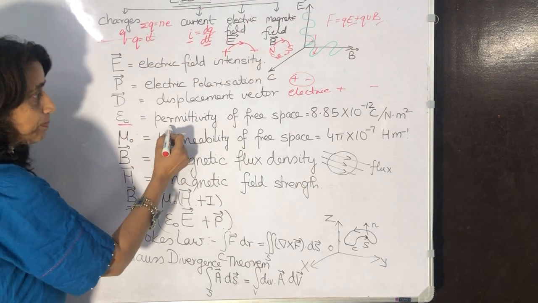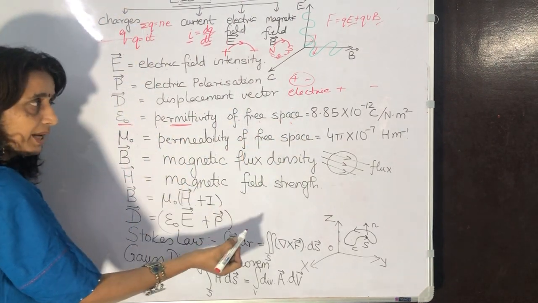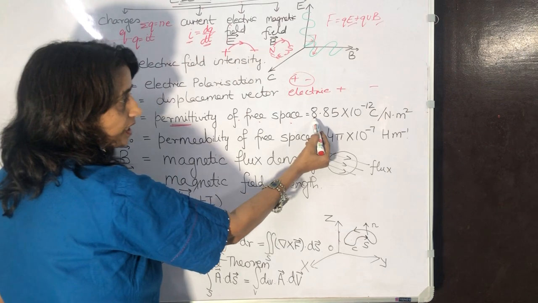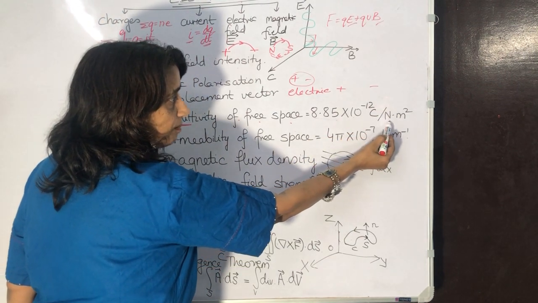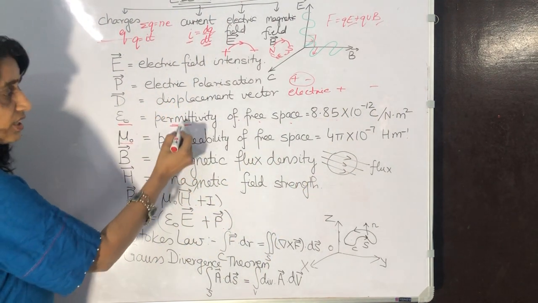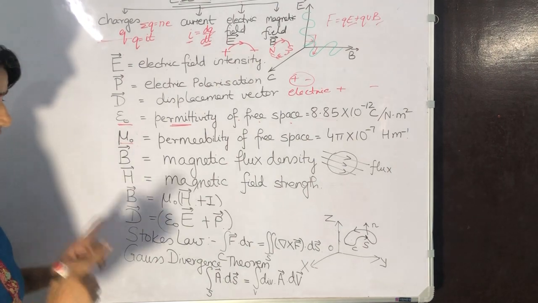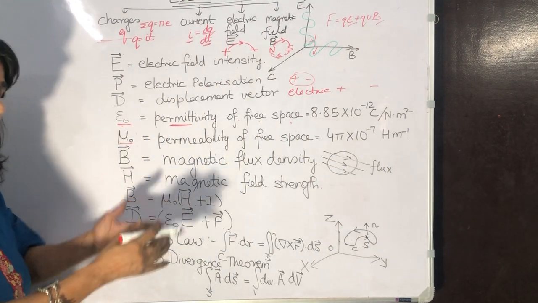Epsilon naught is the permittivity of free space. Its mathematical value is 8.85 into 10 to the power of minus 12 coulomb square per Newton meter square. Mu naught, these two terms are very confusing, so please listen carefully again. Epsilon naught is permittivity, you are permitting someone.